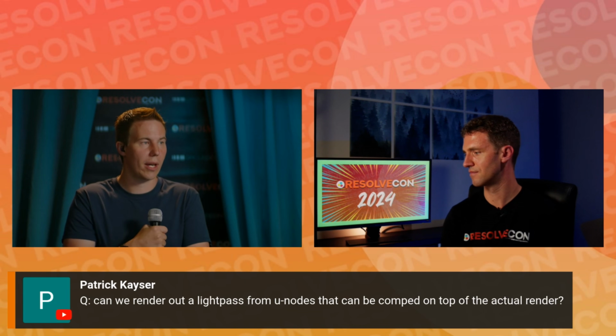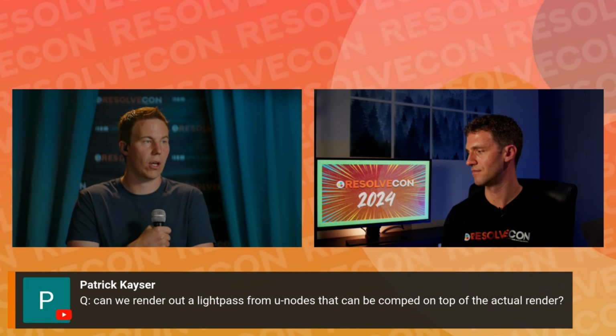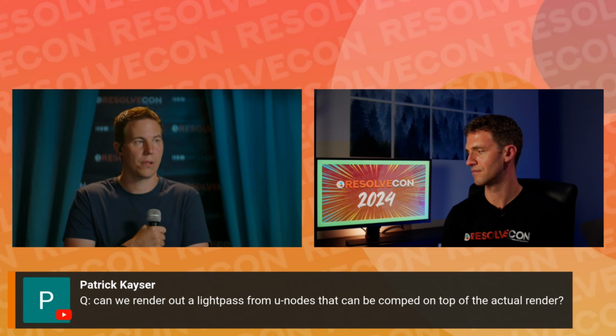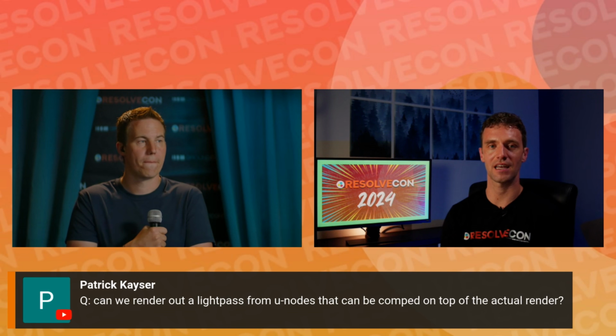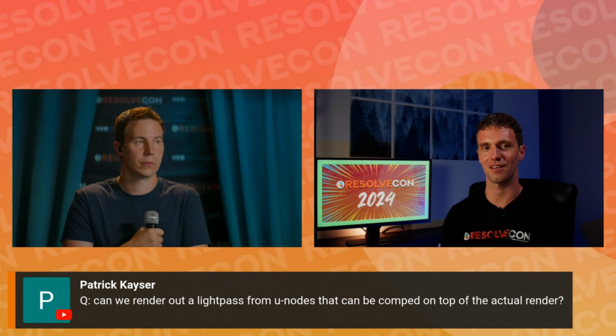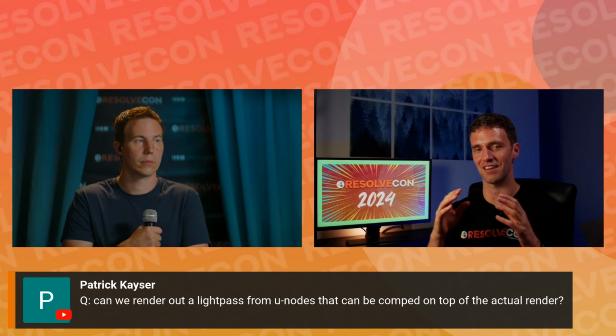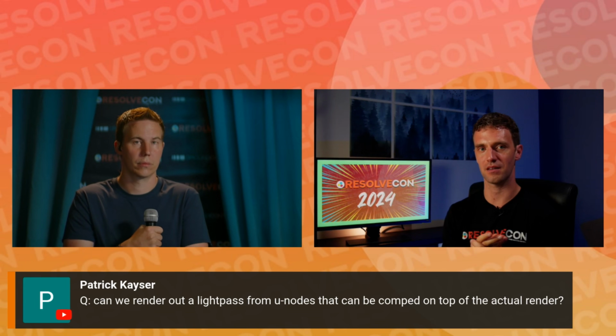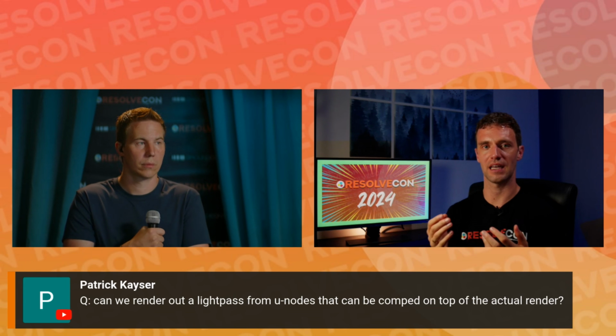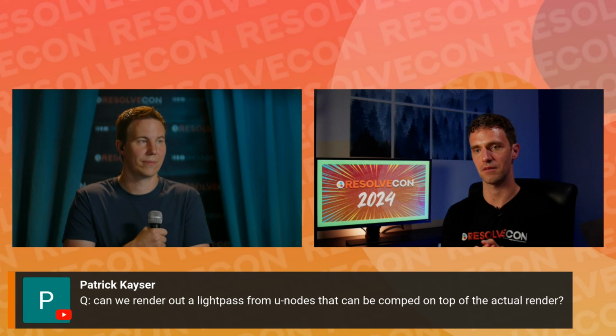All right, can we render out a light pass from USD nodes that can be comped on top of the actual render? What type of light pass? At the moment, the Storm render engine doesn't do much. From Storm itself, you get the RGB render pass, and then you get the Z depth map.